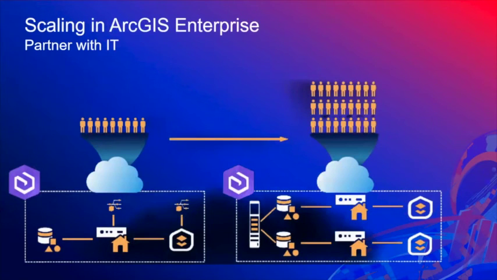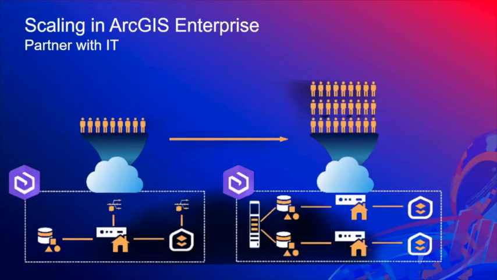Now let's talk a little bit about scaling. So back to the technology part of this, because scaling is a bit of a tough topic. There are lots of ways to scale inside of ArcGIS Enterprise. You can think about scaling in the context of partnering with your IT department. First and foremost, ArcGIS Enterprise runs in an infrastructure that you control. So that infrastructure may be on premise, it may be in the cloud.